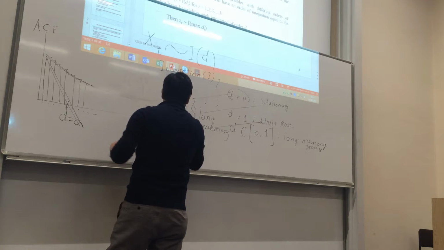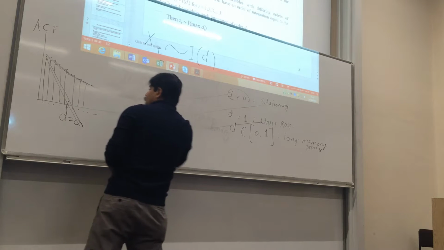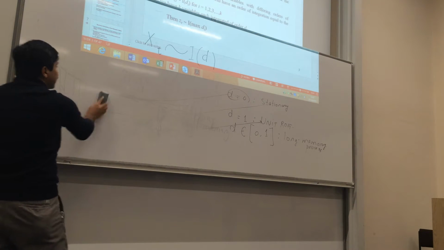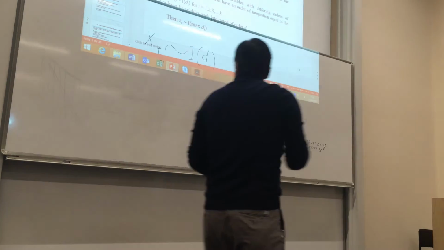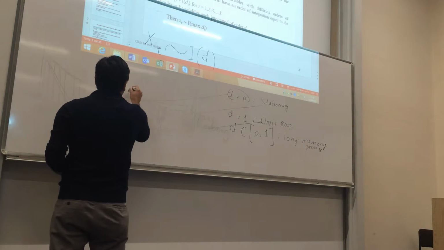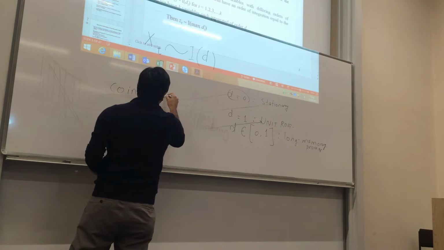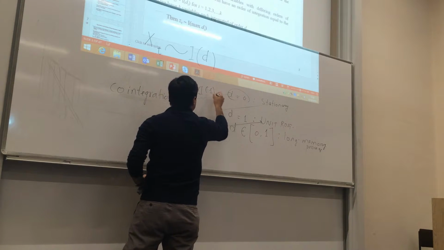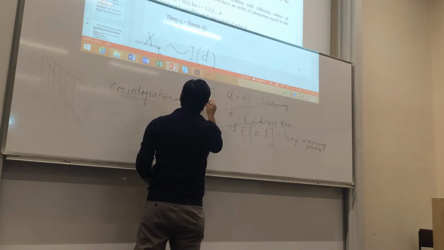So while I am teaching you cointegration, first of all, there are two strands. Cointegration theory has been developed in two strands. One is cointegration with I(1) variables, distinguishing between I(1) and I(0).